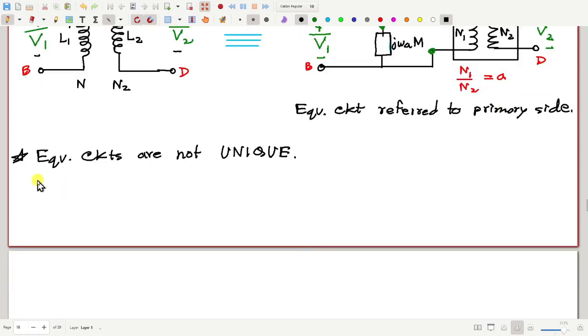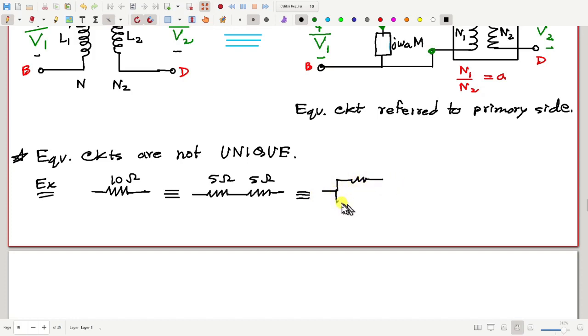For example, a 10 ohm resistance is equivalent to two 5 ohm resistances in series, but it is also equivalent to two 20 ohm resistances in parallel, and you can find many other combinations that are also equivalent to this 10 ohm resistance.